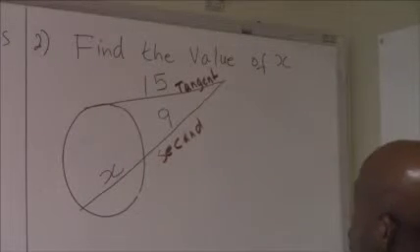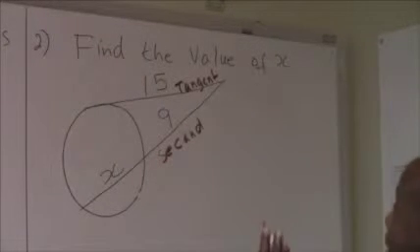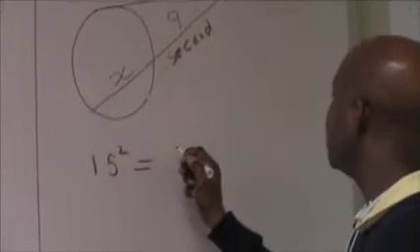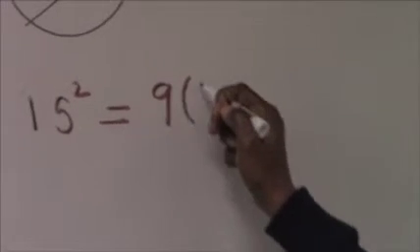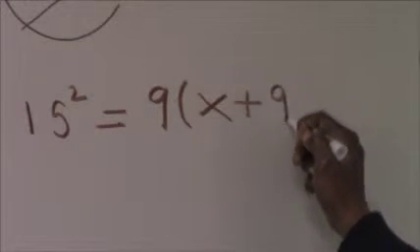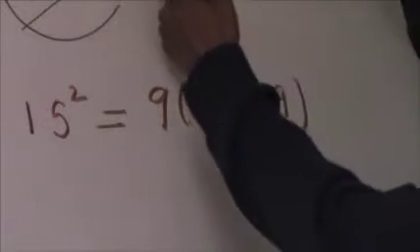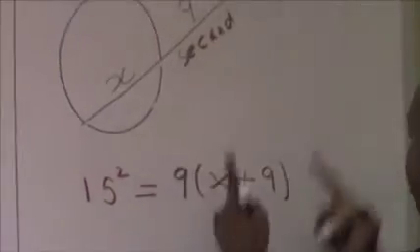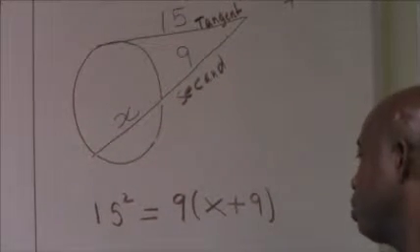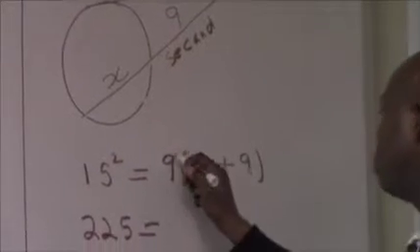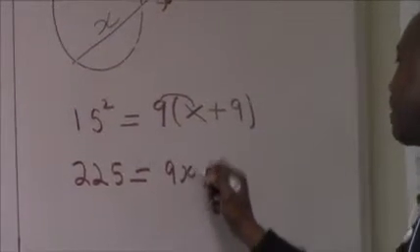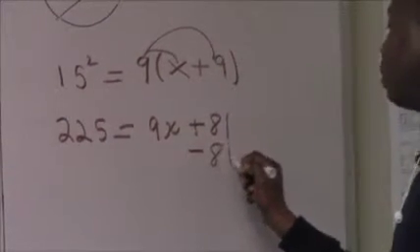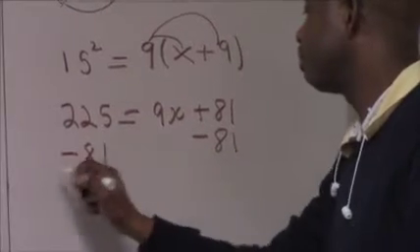So by rule, the square of that tangent segment, 15 squared, must be equal to 9 times the sum of this, which is x plus 9. So 15 squared is 225. We do the distributive property: 9x plus 9 times 9 is 81. Subtract 81.